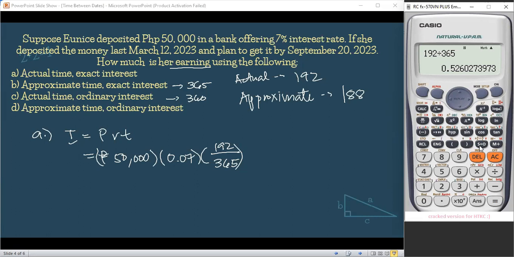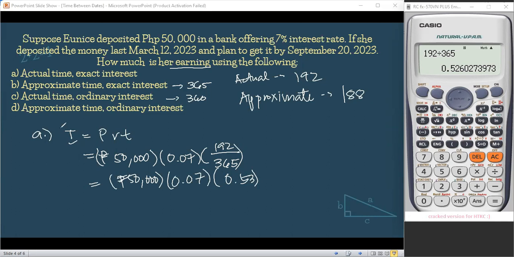So, I highly suggest na upon po computation, tuloy-tuloy lang po yung calculator. Huwag po munang magra-round off. Magra-round off po tayo sa final answer. So, dito po, pwede naman natin siyang i-round off, pero sa calculator, wag. So, we have 50,000 times 0.07. That is approximately times 0.53.